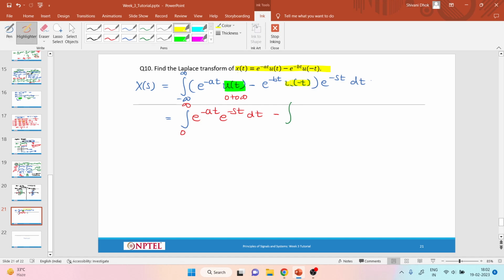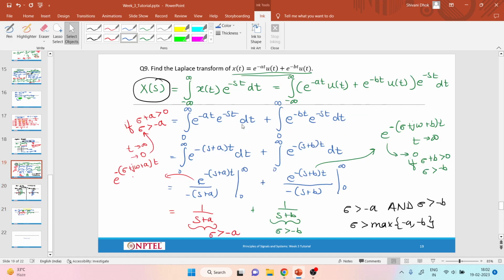Here u of minus t ranges from minus infinity to 0, so it is the integral from minus infinity to 0 of e power minus bt into e power minus st dt. We have solved the first integral in the previous question.